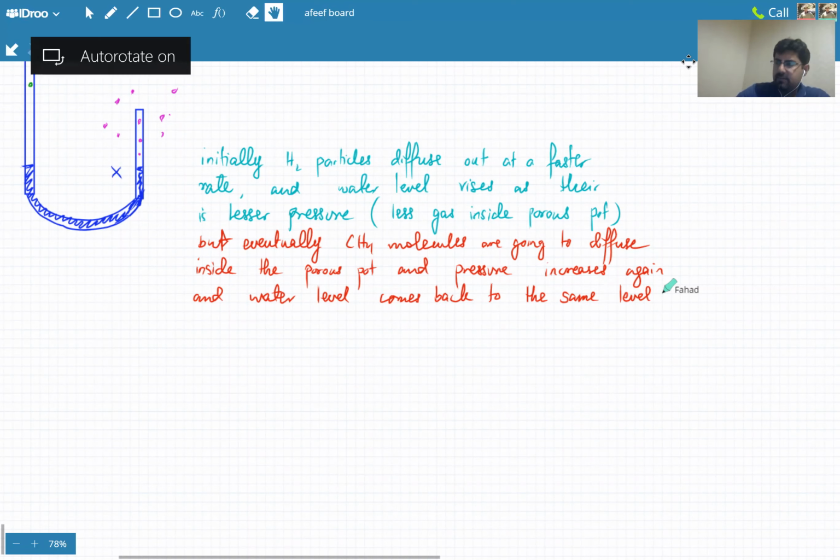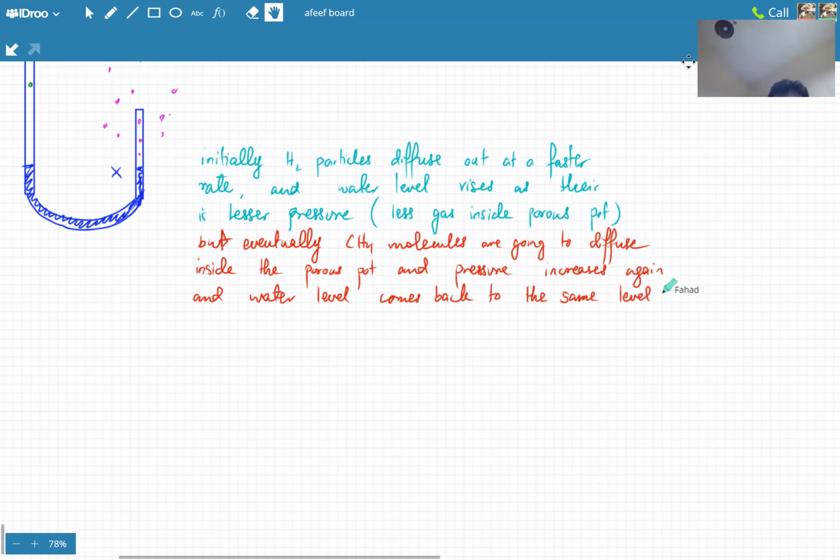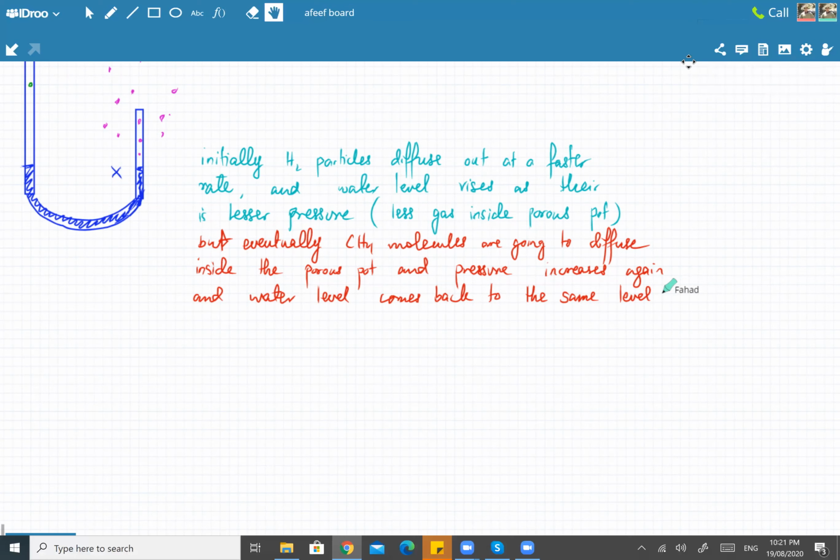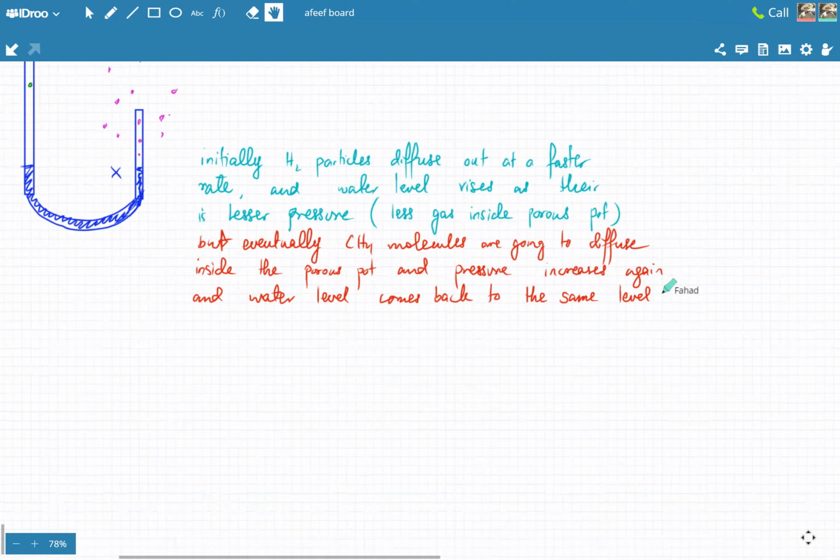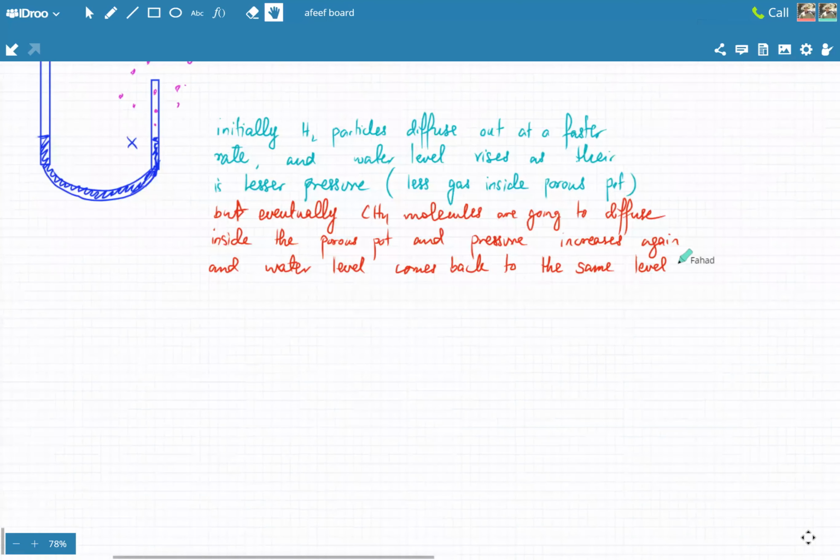Just 1 second, let me disconnect and open the worksheet. I'm disconnecting the camera as well.